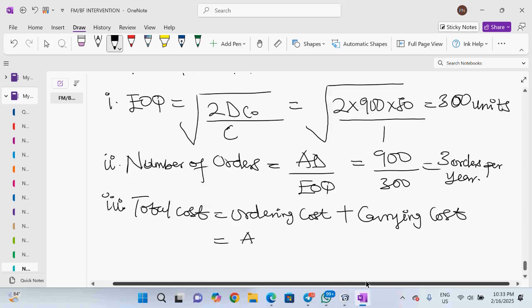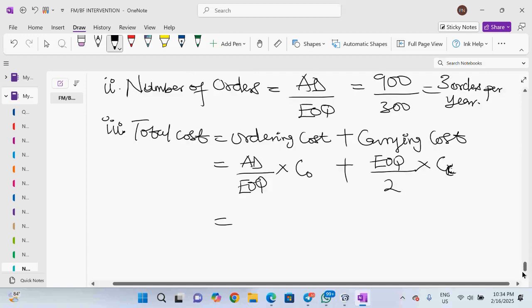The ordering cost is annual demand over EOQ times ordering cost per unit, plus carrying cost, which is EOQ all over 2 times carrying cost per unit.